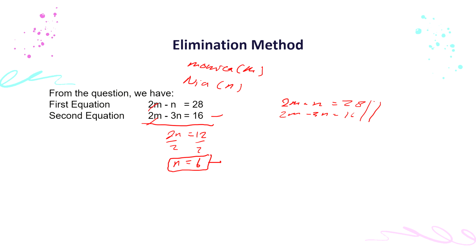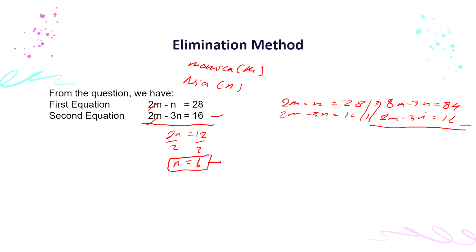I will multiply the first equation by 3 and the second equation by 1, so that both have 3n, and we can subtract both sides. So 2m times 3 is 6m minus 3n is equal to 28 times 3 is 84, and the second equation stays the same, 2m minus 3n is equal to 16.